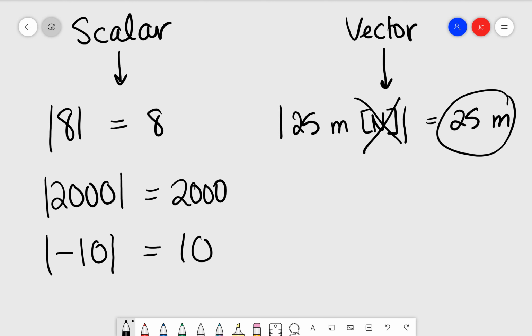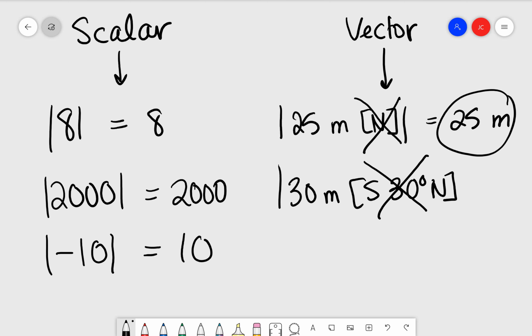We just care about the magnitude. The absolute value of, let's say, 30 meters south, 30 degrees north, doesn't matter. It's just 30 meters. So that is how we calculate absolute values for scalars and vectors, and you'll see this notation with the two bars and the variable in between them quite a bit.